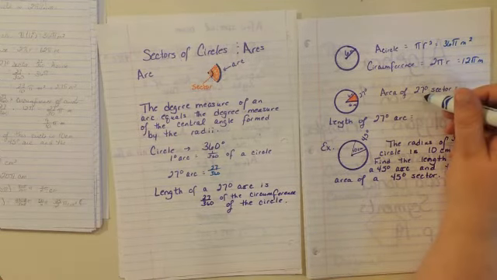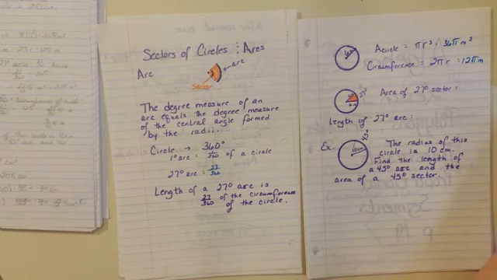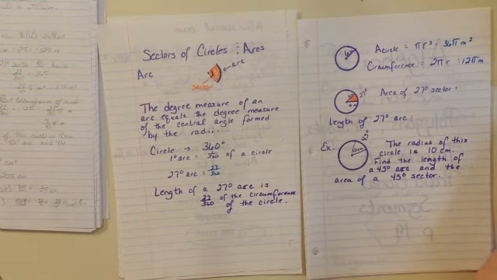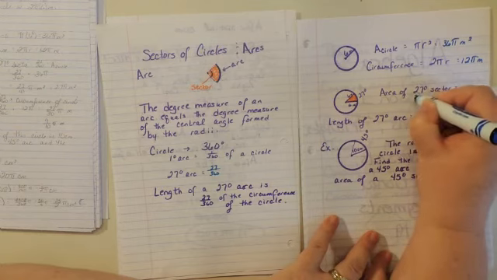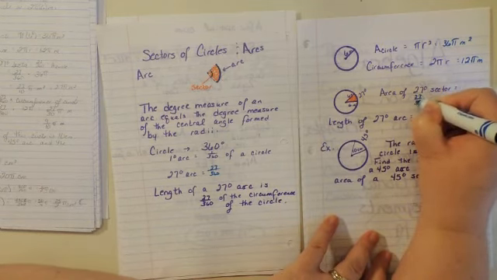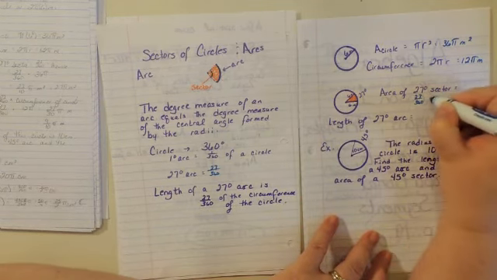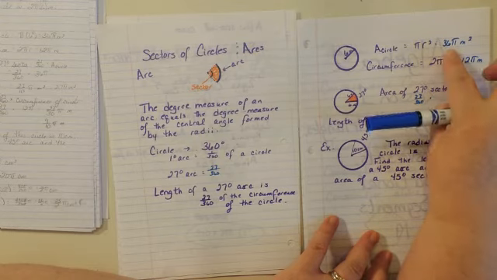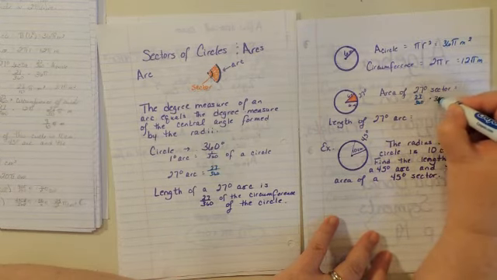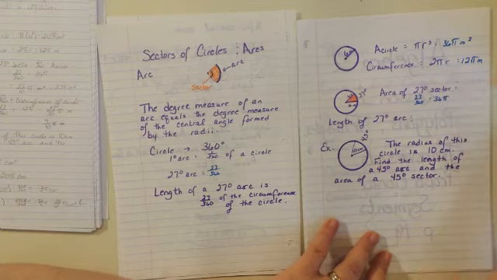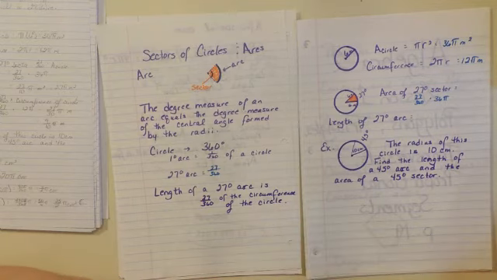The area of a 27 degree sector is going to be 27 over 360 times the area of the whole circle, 36 pi meters squared. Okay?